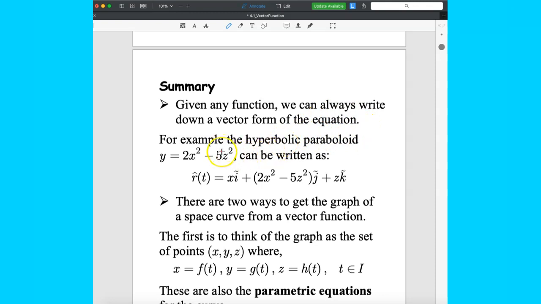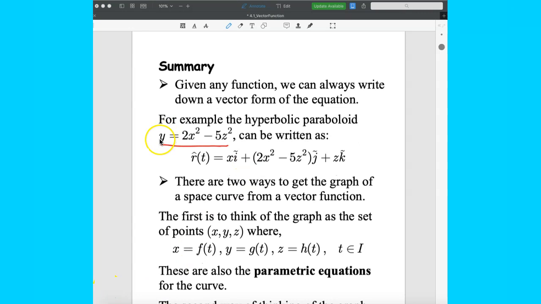For example, we have this equation in x, y, z. You can see here y depends on x and z. Because x and z are free, you can just say x is x. So the component of x is x and the component of z is z.